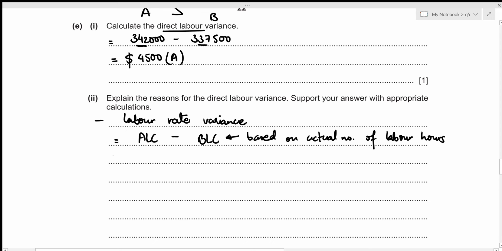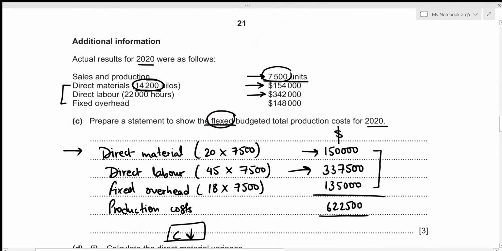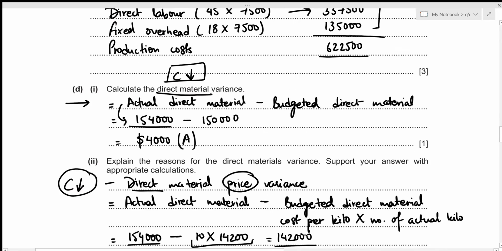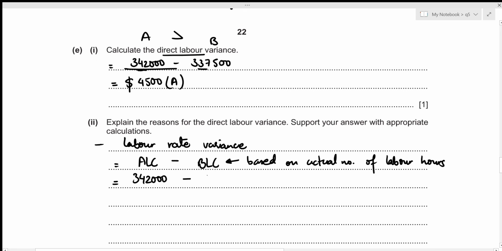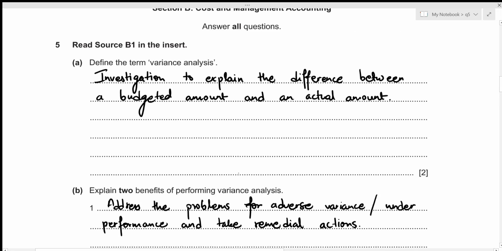Okay, we have our actual labor cost to be 342,000 minus, now for budgeted labor cost, since this is based on the actual number of hours, we will just be multiplying the rate per hour to the actual number of direct labor hours. And we can see that the total actual direct labor hours was 22,000. Let's write it down. Now we need to multiply it with the rate per hour, which we were given above.